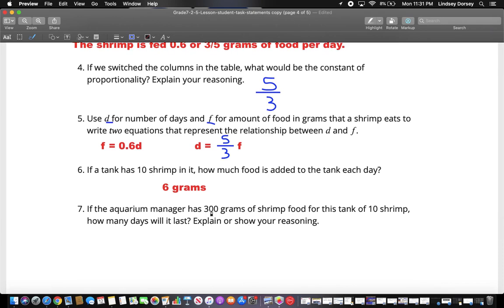So it says that if an aquarium manager has 300 grams of shrimp food for this tank of 10 shrimp, how many days will it last? So 10 shrimp require 6 grams of food a day, and he has 300 grams of shrimp food. So how many days will he be able to feed his shrimp?